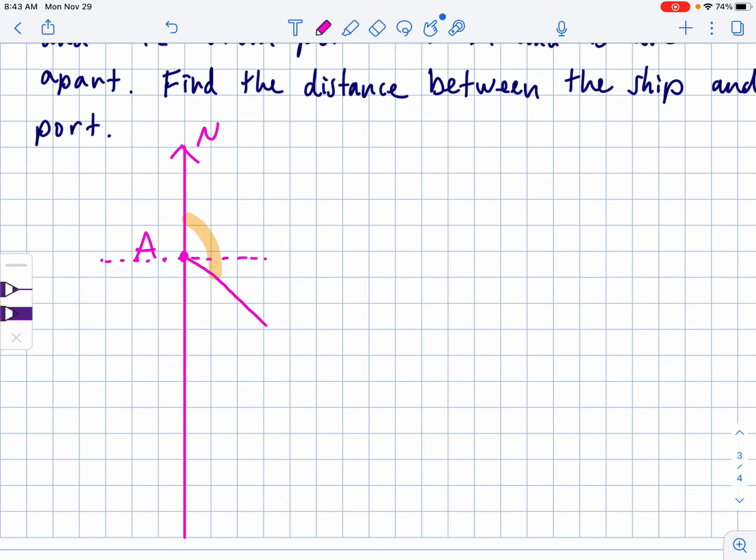So that means it's somewhere out here. So say the ship is right here, and that this was 120 degrees.